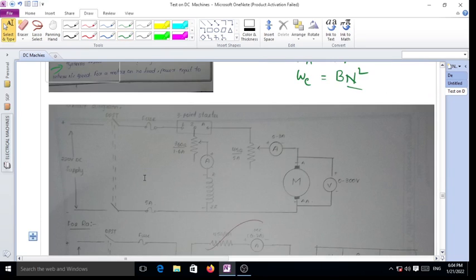Here we take the circuit diagram, which is speed control of the machine.